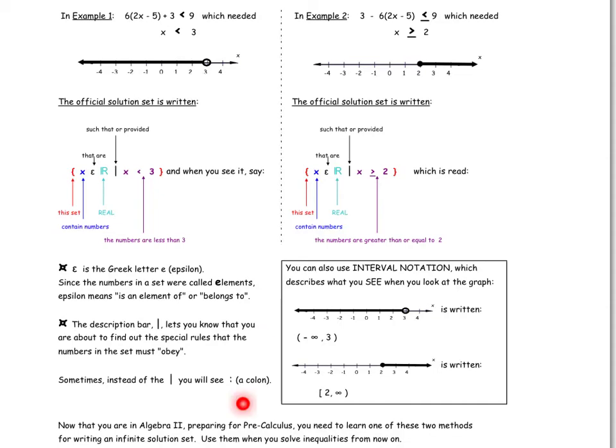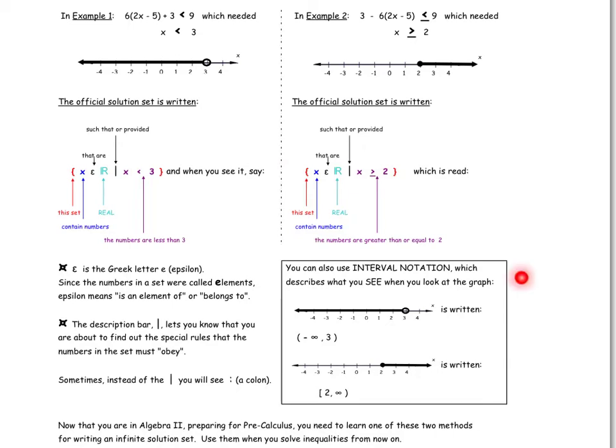Sometimes instead of the bar, you'll see a colon, although the bar is the most popular one in high school and college. In example 2, you see the same set builder notation with the same set brackets on either side, the same x ∈ R to show you that the numbers are real numbers, the description bar, and now the condition that x has to be bigger than or equal to 2.